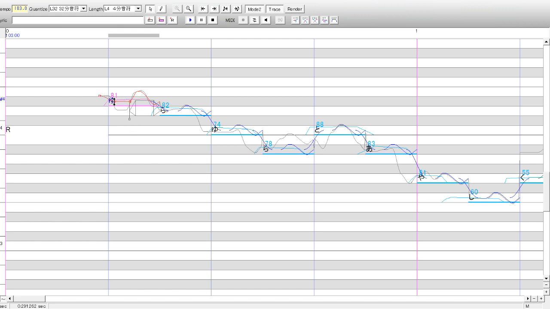Alright, so as I said earlier, CV does in fact give you better control over pitch bends. It gives you better control over the envelope, but it takes away your control of how long consonants last.